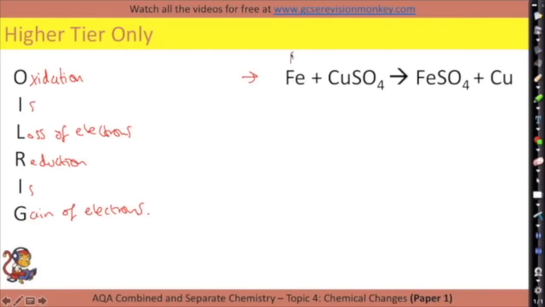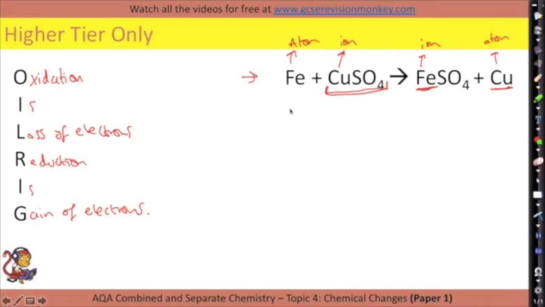If the element is on its own, that is an atom. If it's bonded in a compound with a non-metal, that makes the metal an ion. So copper is an ion there, whereas iron is an atom. Iron here is an ion, whereas copper is an atom.